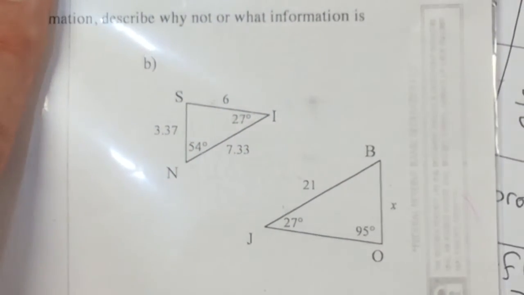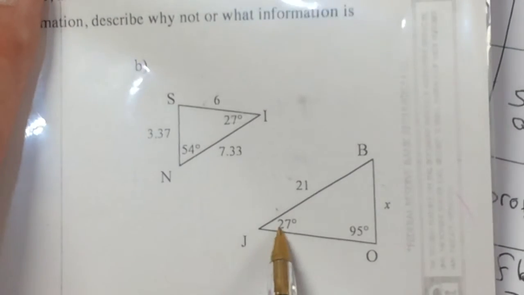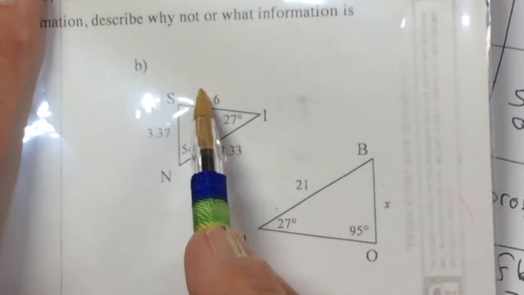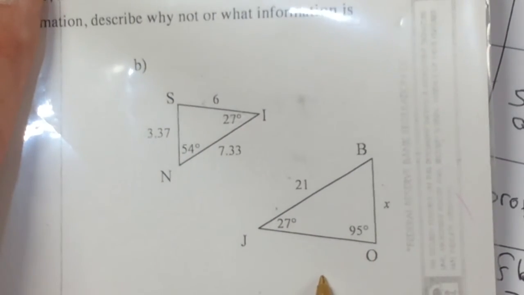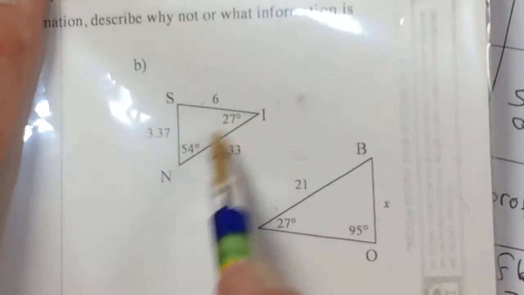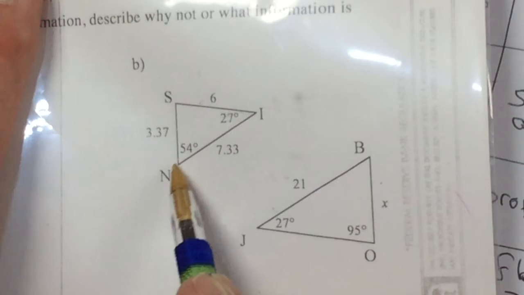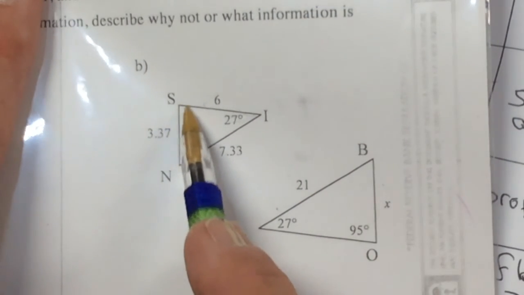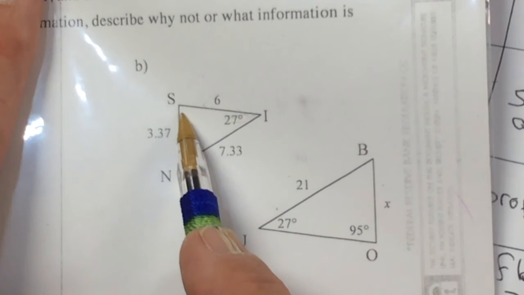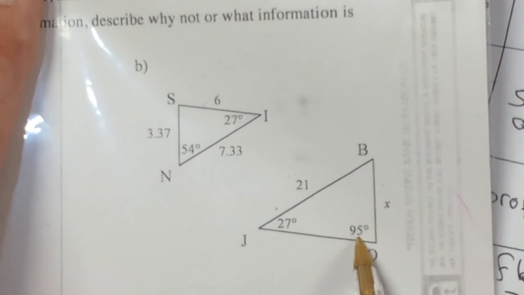The only thing I can do here is to compare angles. 27 and 27, I've got one pair of angles that's congruent. 54 and 95, they're clearly not congruent, but maybe if I added 27 and 54, I'd get, what, 81? So that would make this 99. Oh, this is 95. These are not similar triangles.